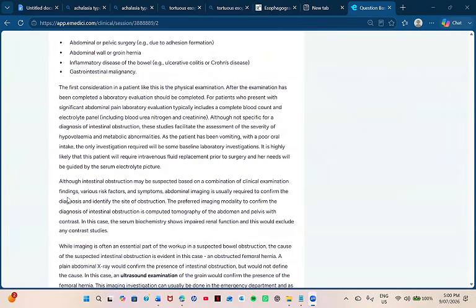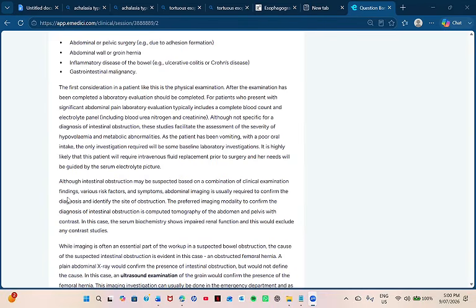So in this case, they have clearly given an incarcerated hernia because a tender 3 centimeter swelling is present, right? In that case, they're telling it's associated with bowel obstruction. Then to confirm the incarcerated hernia, you can go with ultrasound, right?